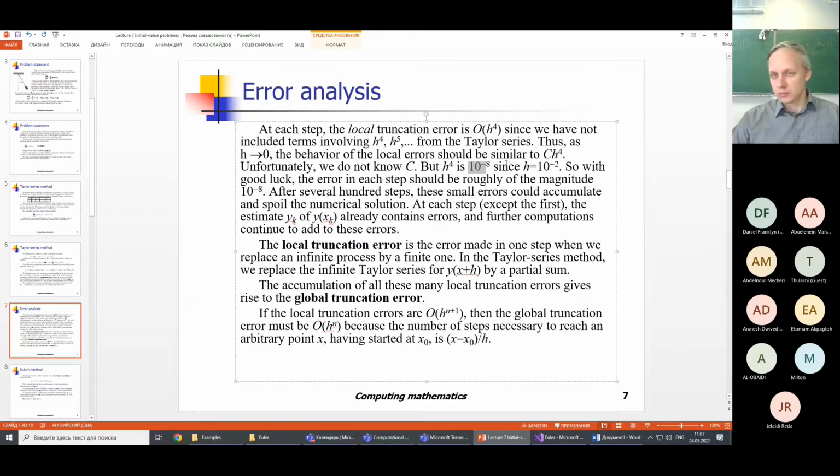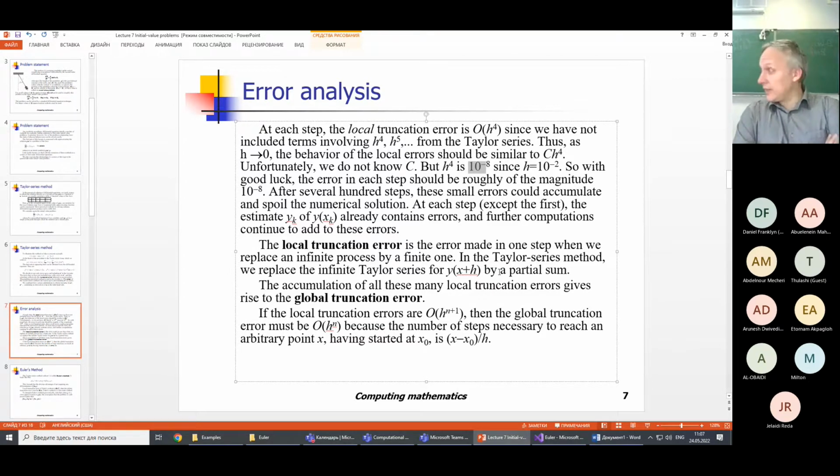So the error will be small. So the error in each step should be of the magnitude 10 power minus 8. But after several hundred steps, these small errors could accumulate and spoil the numerical solution.